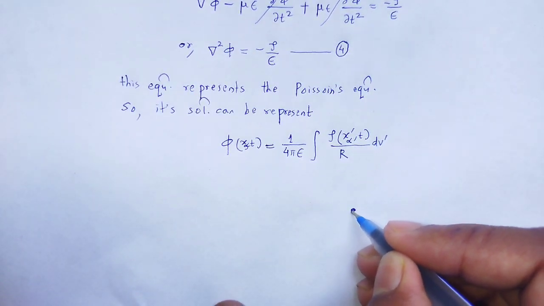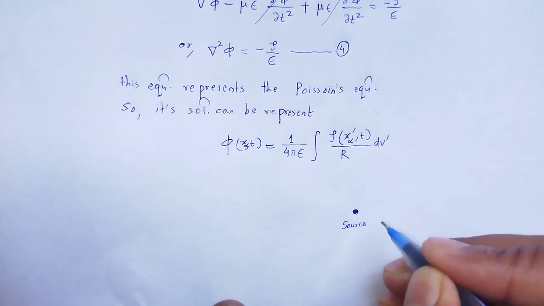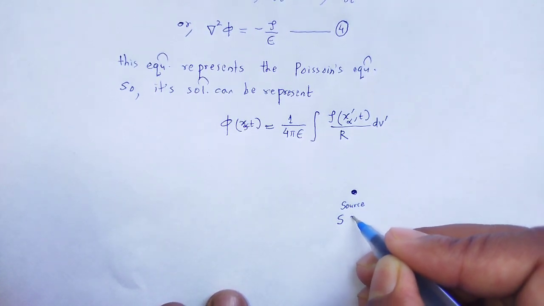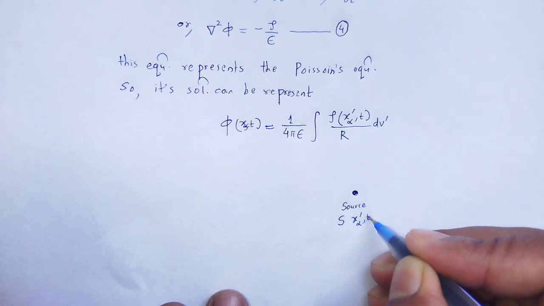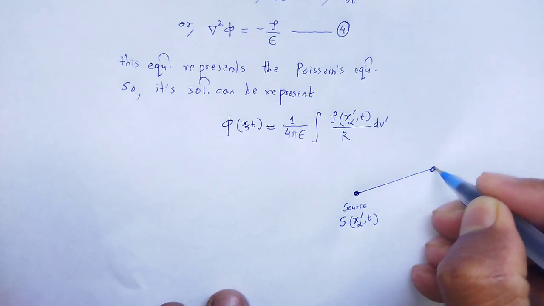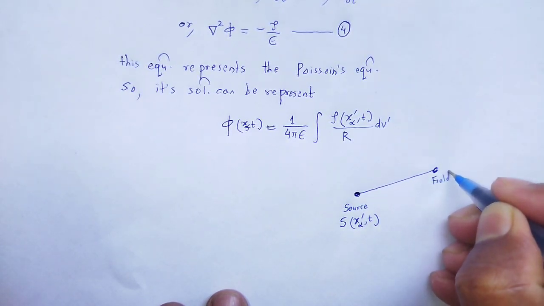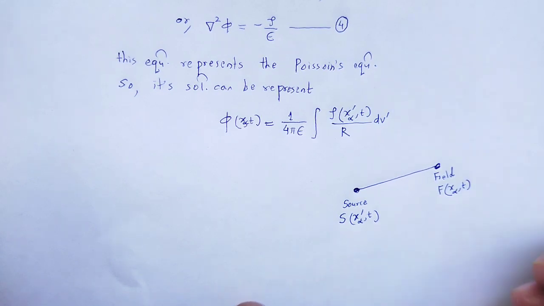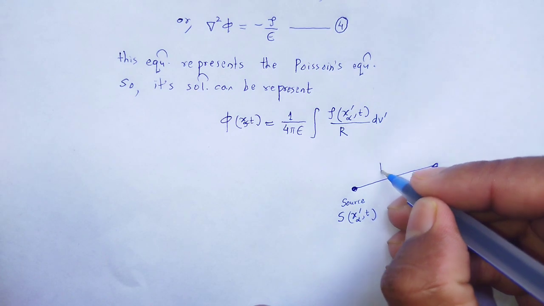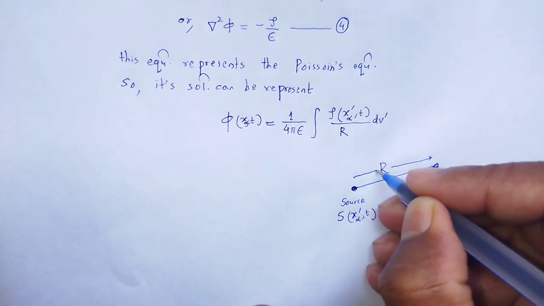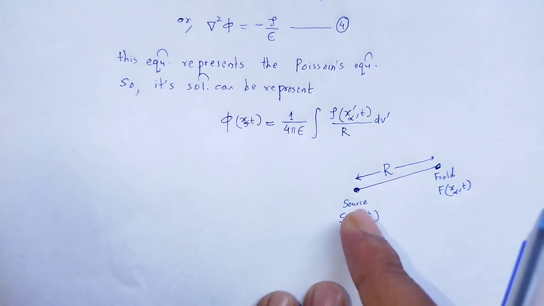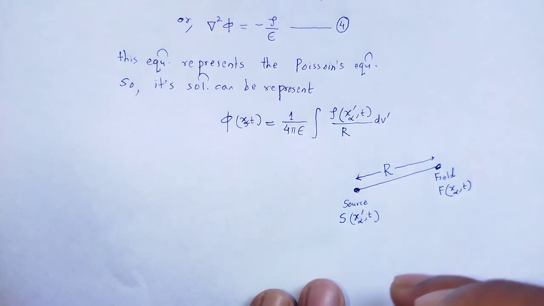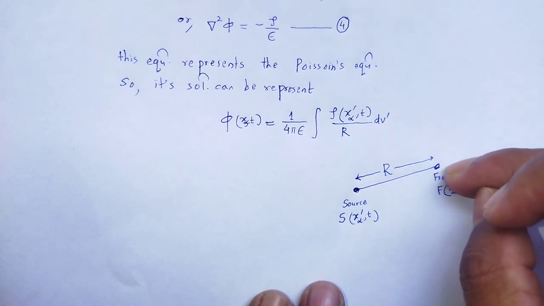If we consider a source S with the coordinate x alpha dash, t, then the field point F having the coordinate x alpha and t, and the distance between the source and field is r. At the source there will be magnetic or electric fields, and at the field point we can measure the potential.